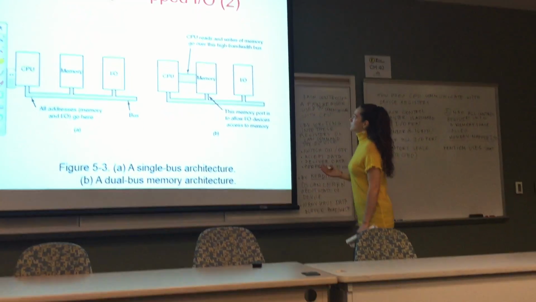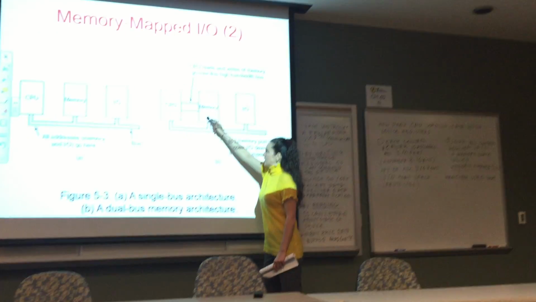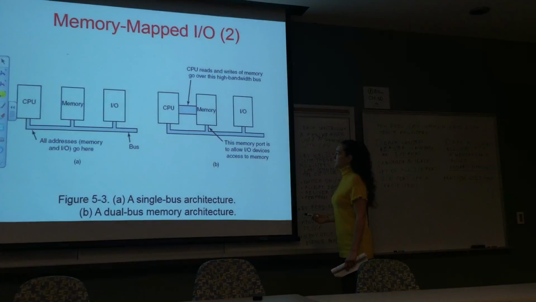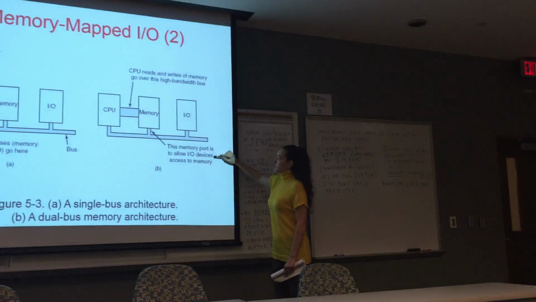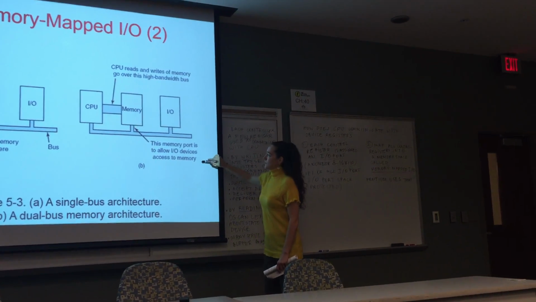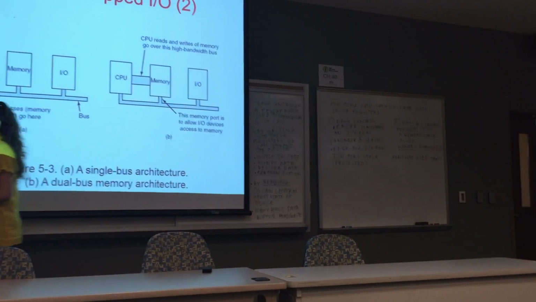So the CPU would read and write over this high bandwidth bus, which would speed up the processing. So the memory port is to allow I/O devices to access the memory directly.